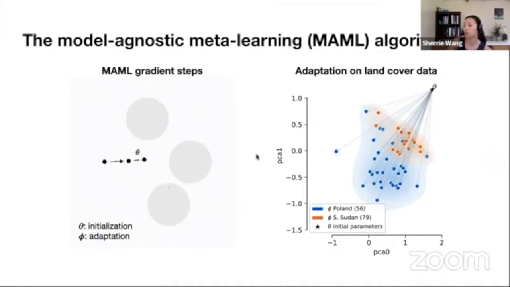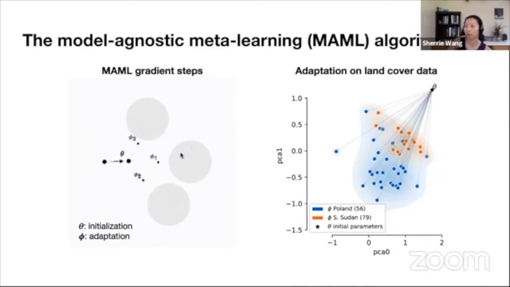You basically just need something that is trained using a gradient descent based algorithm. And so what model agnostic meta learning, or MAML for short, is doing is it's taking a model that's initialized with, I'm representing it as theta here, and it's going to adapt the model to each task that you have.